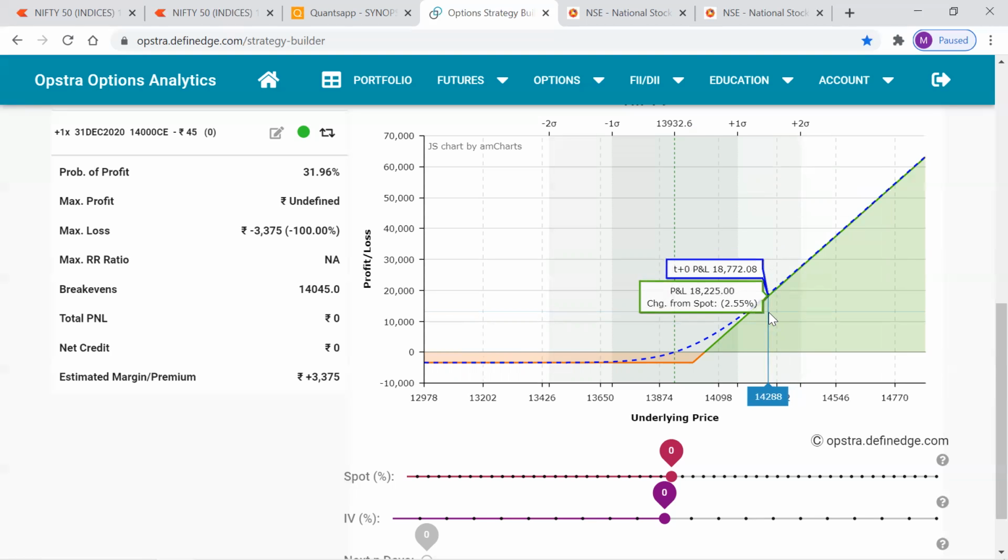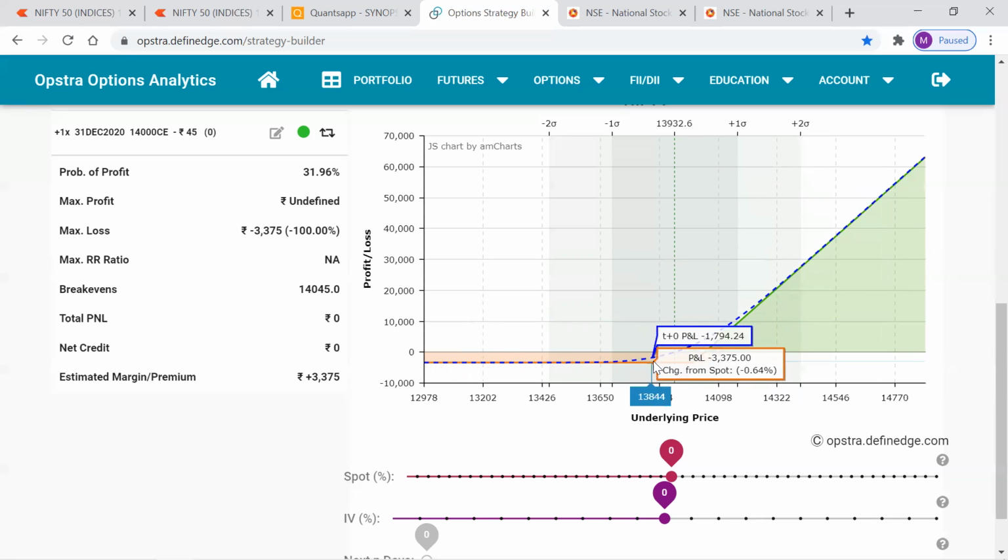Imagine before 31st of December, Nifty 50 didn't cross 14,000, and it just went till 13,880 or 13,900 and stayed there. What can happen? You'll be facing only a loss of 3,375 rupees.